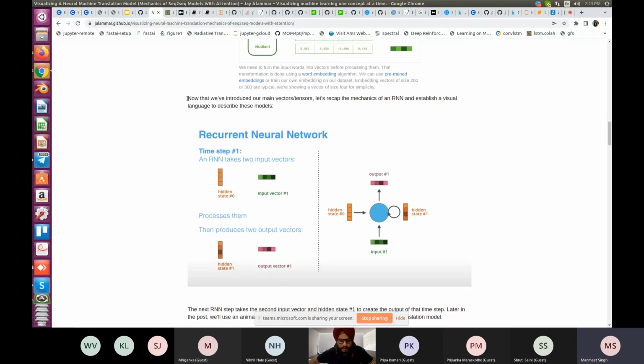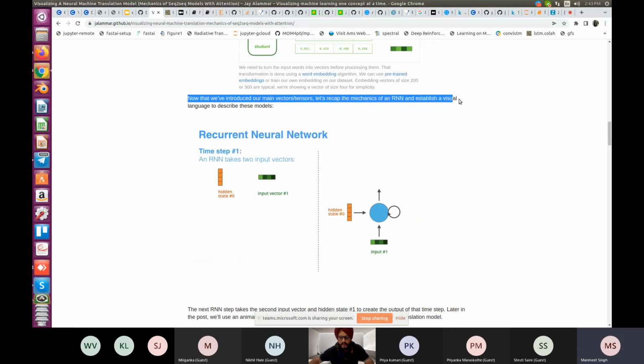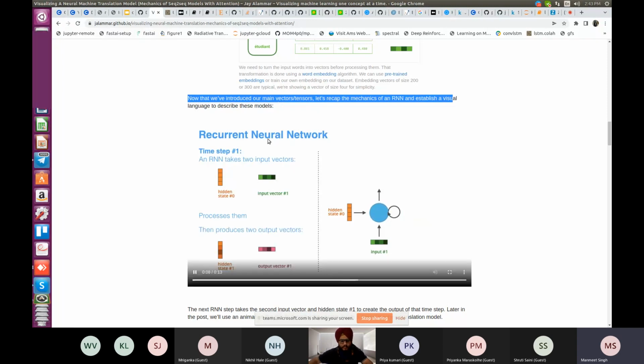Now that we have introduced our main vectors or tensors, let's recap the mechanisms of an RNN and establish a visual language to describe these models. So, recurrent neural network. At time step 1, the RNN takes two input vectors, the hidden state at 0 and the input vector at 1. It processes them, and then produces two output vectors, the hidden state at 1 and the output vector at 1.